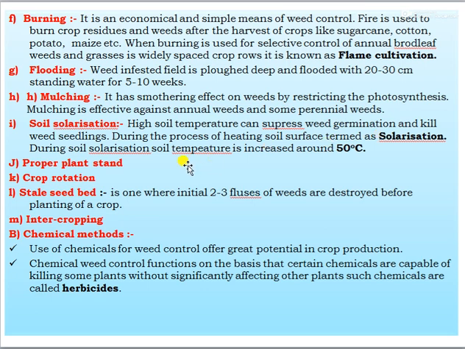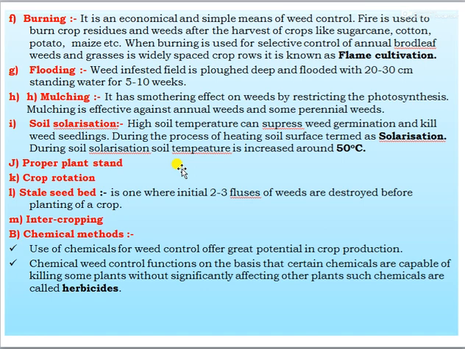During soil solarization, the temperature is increased to around 50 degrees Celsius. The next is proper plant stand. Optimum plant stand should be maintained to prevent the growth of weeds, and especially leguminous or pulse crops play an important role in keeping the field weed free.